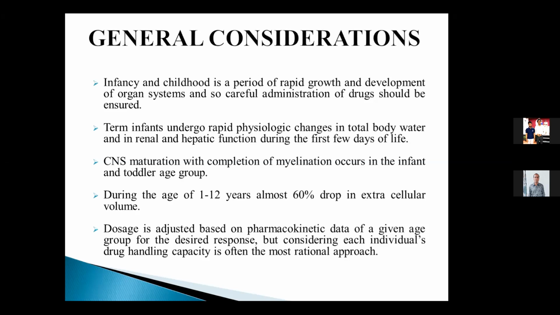During the age of 1 to 12 years, there is almost a 16% drop in extravascular volume. Doses are adjusted based on pharmacokinetic data of the given age group for the desired response, but considering each individual's drug handling capacity is often the most rational approach.